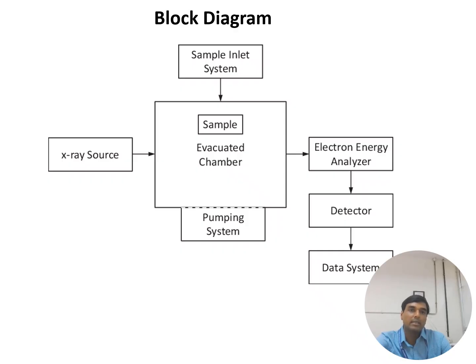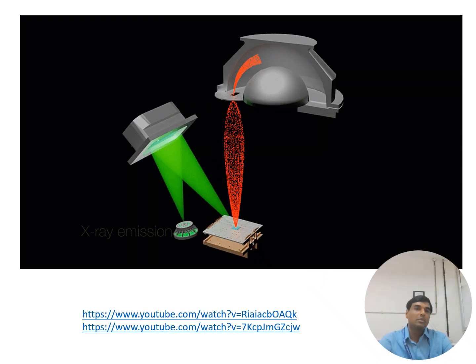This is another diagram where the X-ray beam falls on the sample, and there will be a vacuum, an electron energy analyzer, and a detector, and then finally you can get the corresponding pattern. And this is the video.